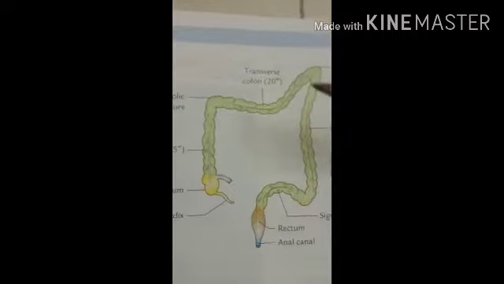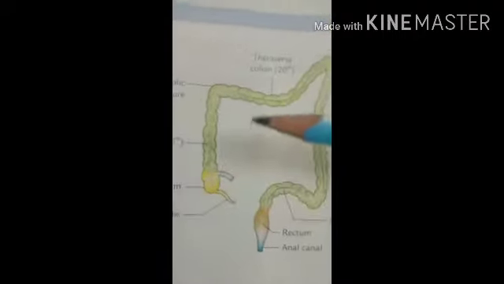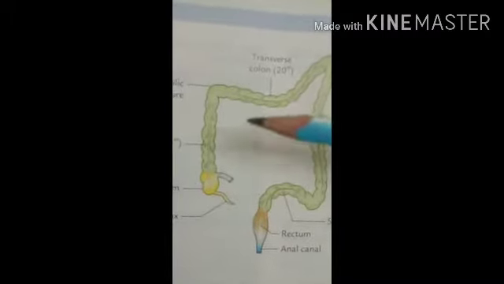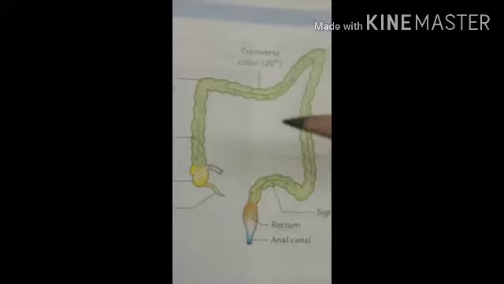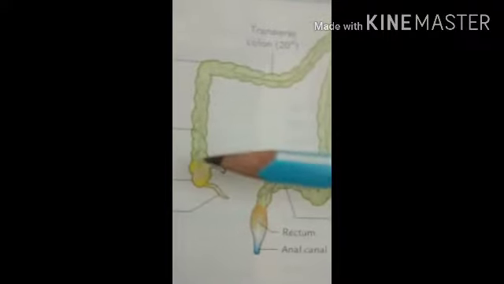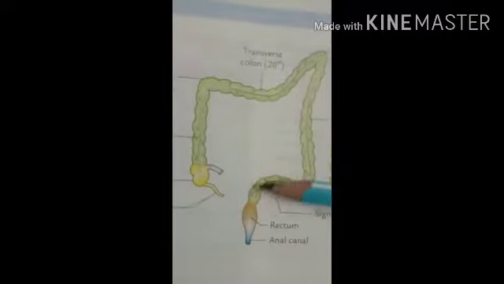Third, the longitudinal muscle. You know the smooth muscle is present, and out of this, the longitudinal muscle coat forms only a thin layer in this part of the gut, and for the greater part it forms three ribbon-like bands. Here in this diagram you can see the ribbon-like bands.